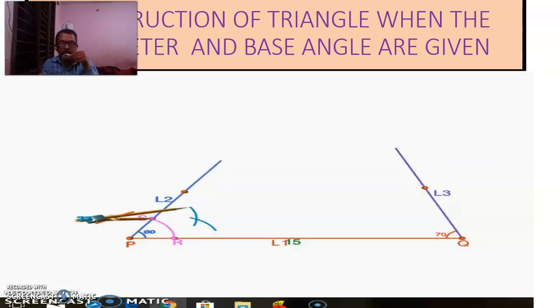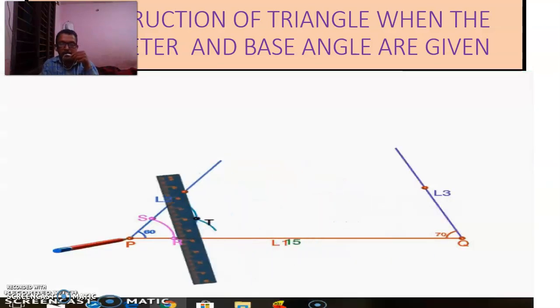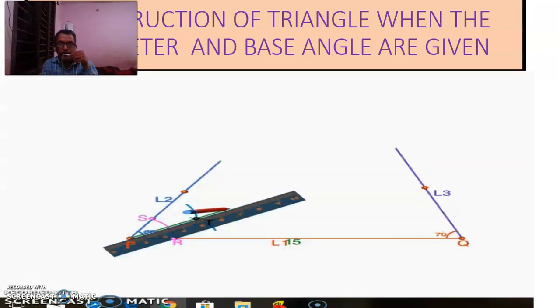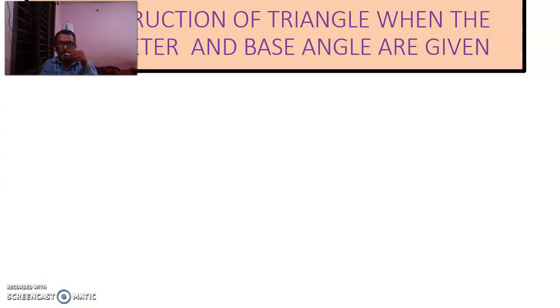You will get an intersection point. That intersection point, let it be T. Now join PT and produce up to some length.